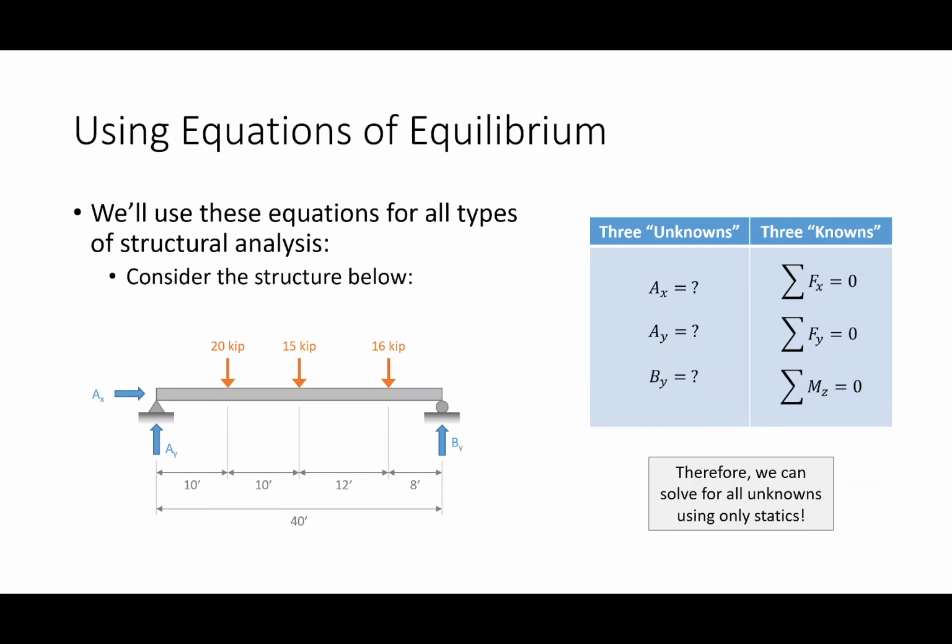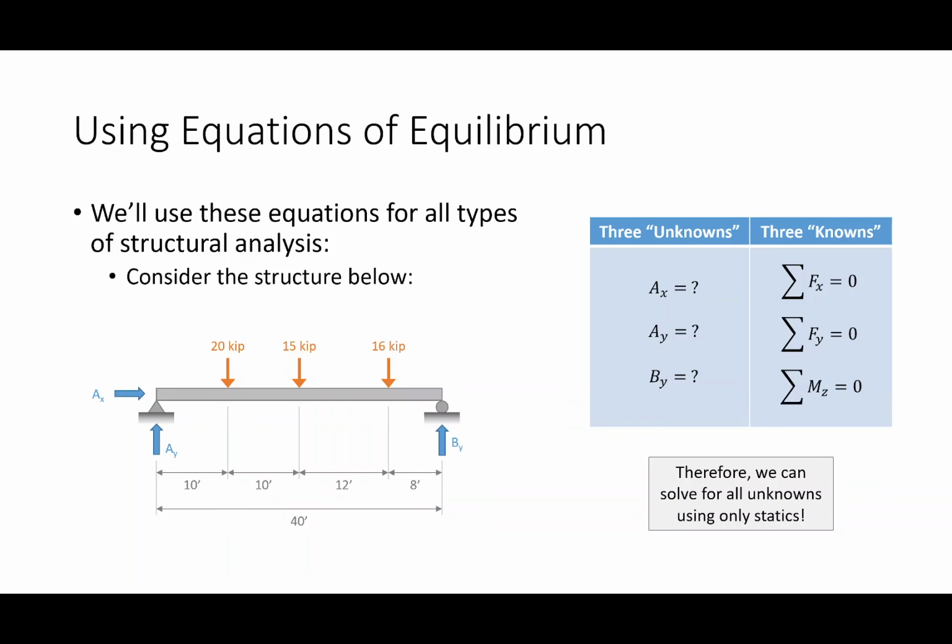So if I look at this structural system, I have 1, 2, 3 unknowns, 3 quantities that are unknown. To solve for those unknowns, I have 3 facts, 3 tools that I can start applying. And that is that the sum of the forces in the x direction must be 0, the sum of the forces in the y direction must be 0, and the sum of moments in the screen must be 0.